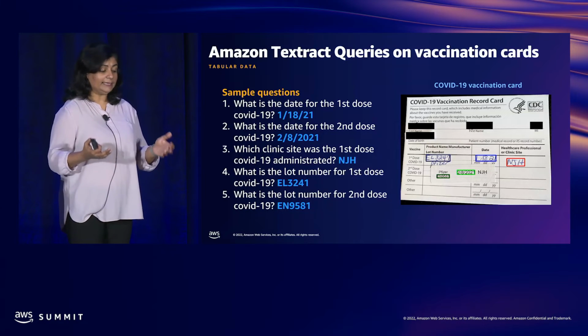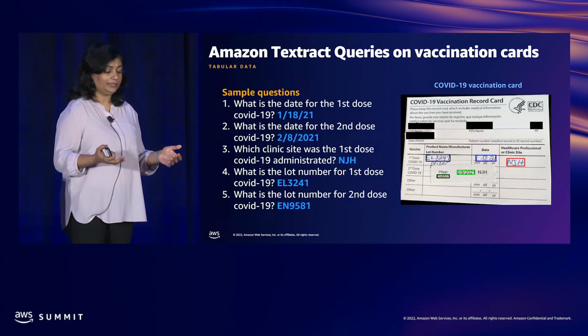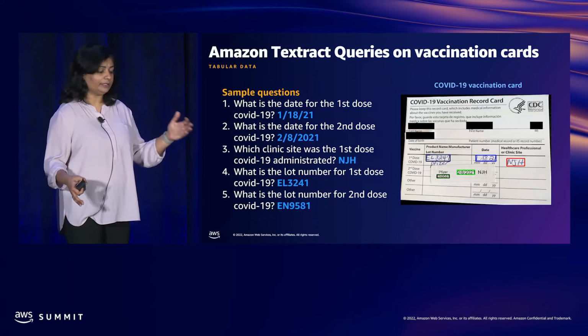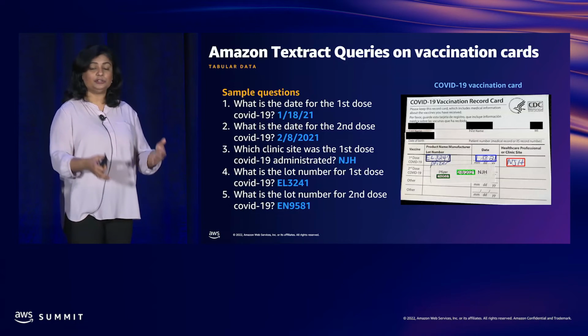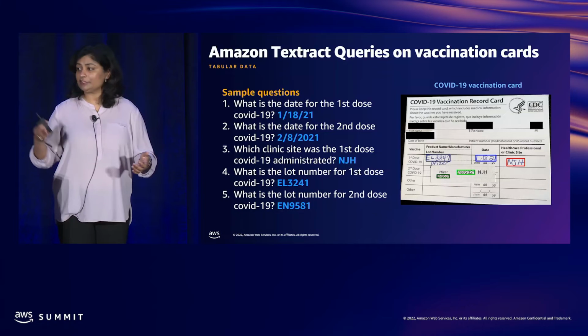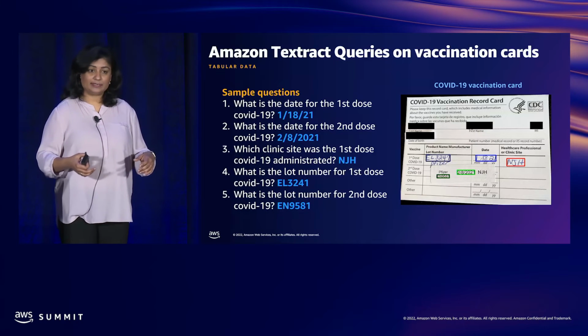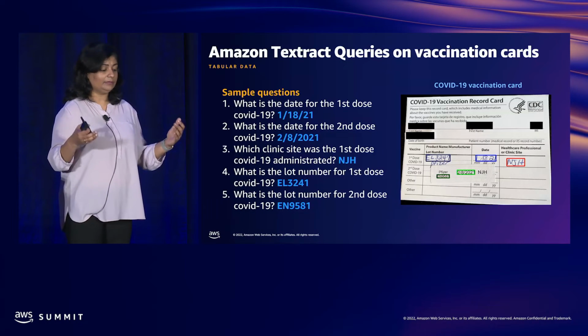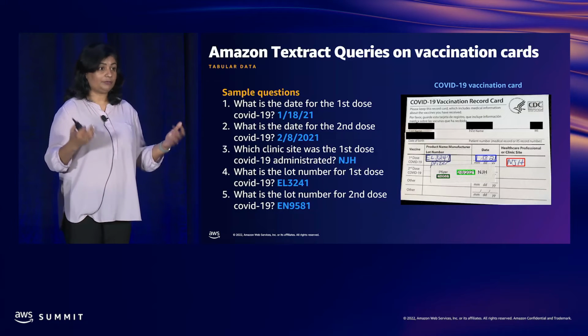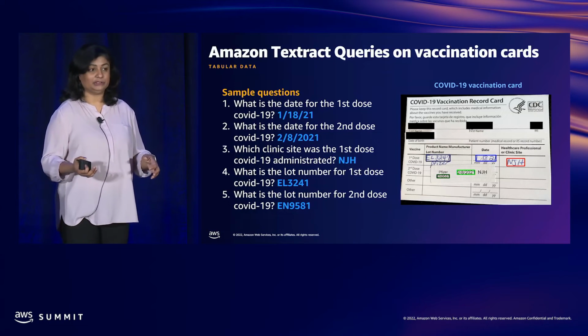Then if you look at the date when the administration happened, the 2/8/2021, it's in the middle of nowhere, neither in the date column nor in the manufacturer column. And then you look at the site where it was administered, the NJH, especially for the second dose of vaccination. It's right in the middle of a date. If you use regular Textract and you extract, you get all this information, it will do the best.